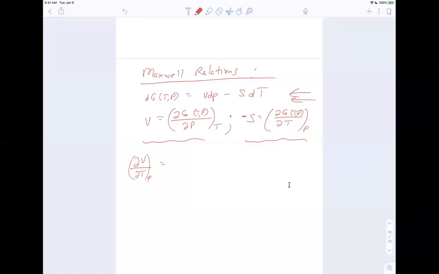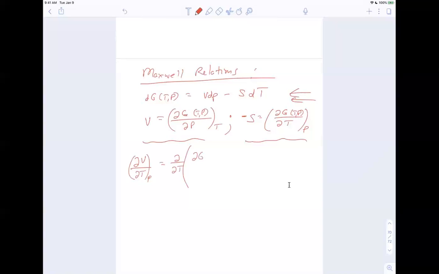On the right-hand side, I'm going to have nomenclature that indicates second partials. So let's take this slowly. What we're going to do now is take a partial with respect to T of what already was there. What was already there?